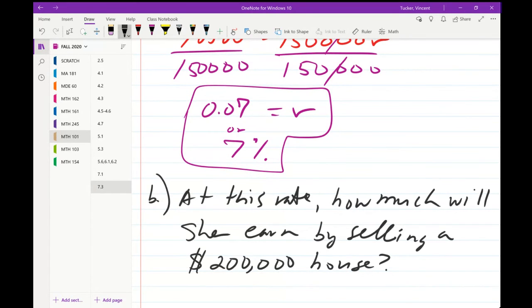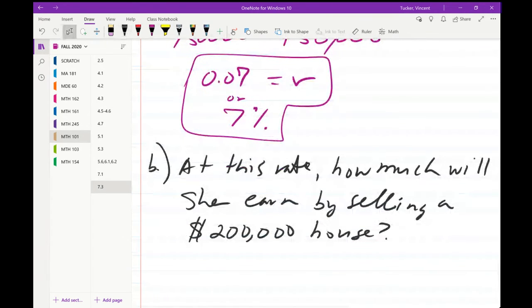All right, so at this rate, how much will she earn by selling a $200,000 house? So use that amount of commission formula.